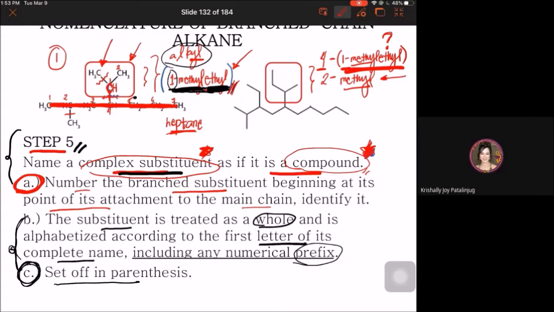So this would become 2-methyl. Again, what separates a word from a number is a hyphen. And then, in a different color, 4, dash, then 1-methyl-ethyl. Okay? So, this would be the name of the first molecule represented.